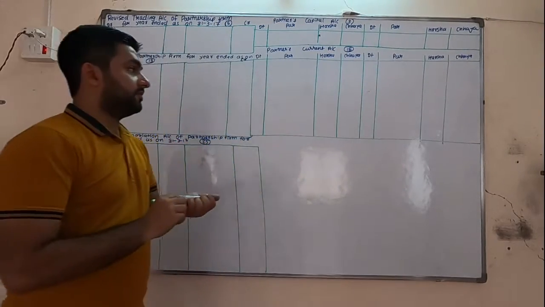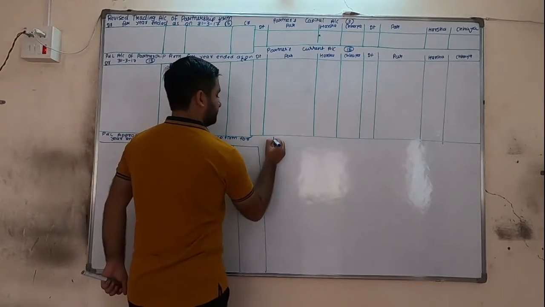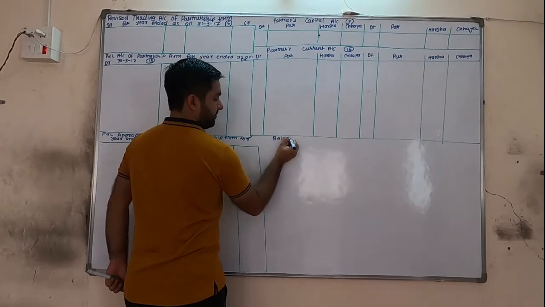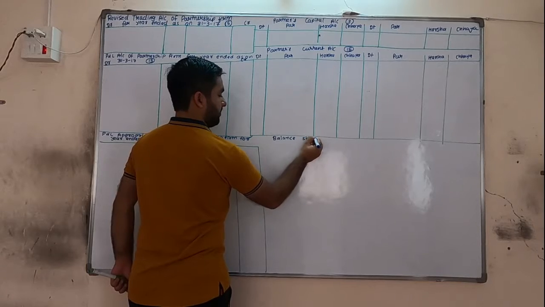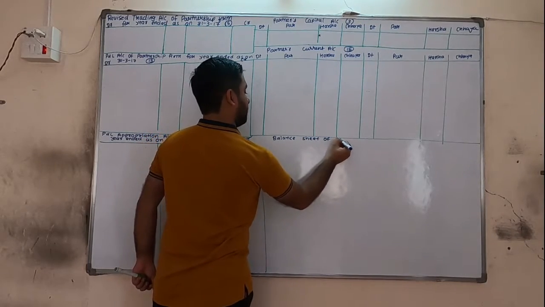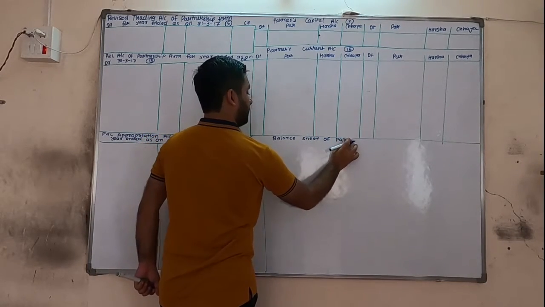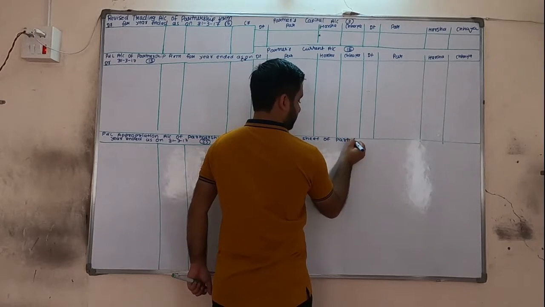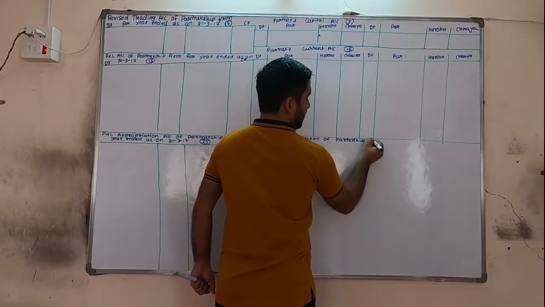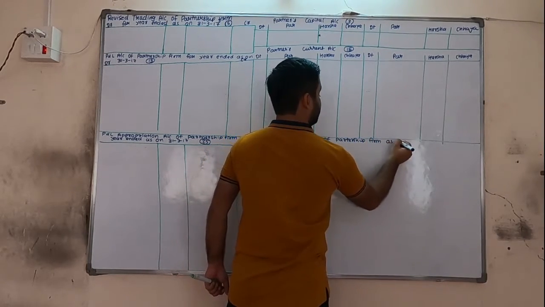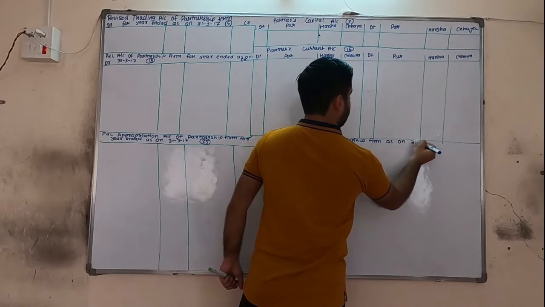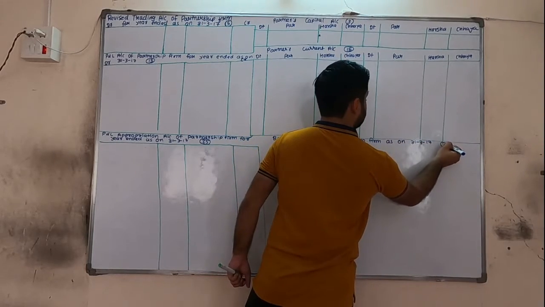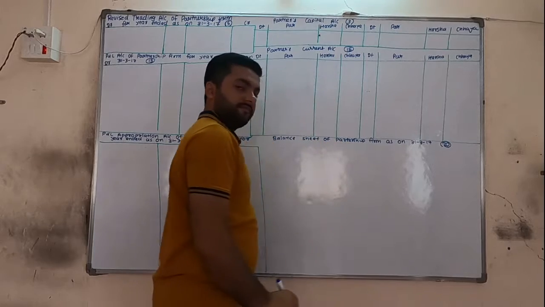Okay. Now the last. Balance sheet of partnership firm as on 31/3/17. Now this is for 20 lines.